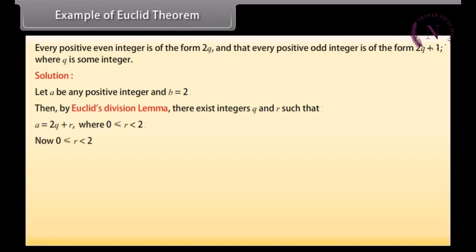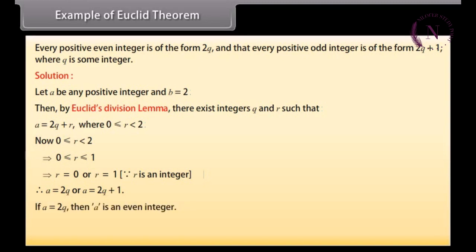Now, 0 ≤ r < 2 implies 0 ≤ r ≤ 1, which implies r = 0 or r = 1 because r is an integer. Therefore, a = 2q or a = 2q + 1.